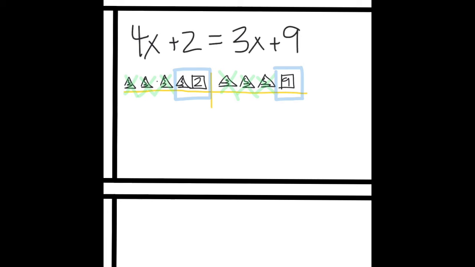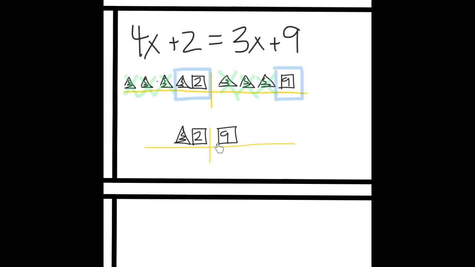If it helps you, you could even rewrite and just focus in on what's left after all of your removing. You could say, now I need to figure out a triangle plus a number cube 2 must be equal to number cube 9. Well, this one becomes pretty easy.